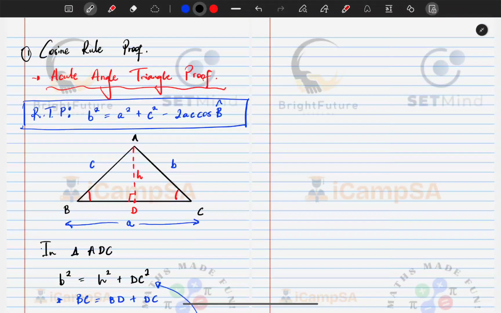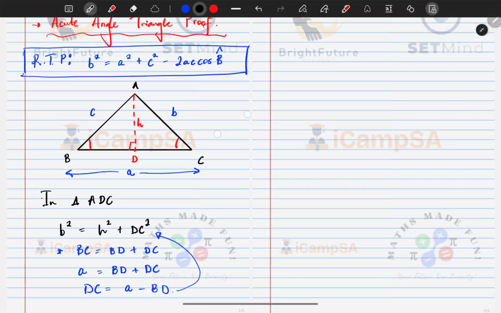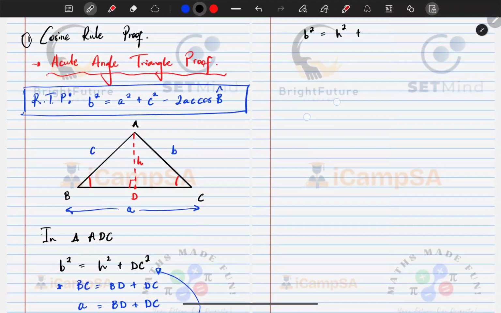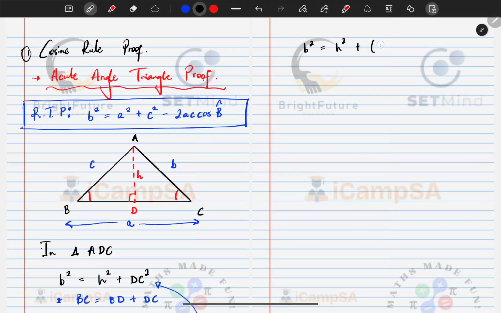Now I'm substituting. Now I will have b squared is equals to h squared plus, remember what is DC? DC is A minus BD. So I'm going to have A minus BD all squared, right? And then from here I can simply simplify this, because it's a difference of two squares.